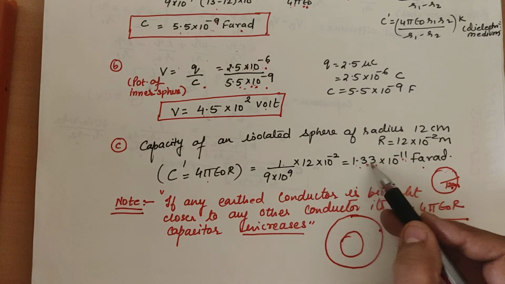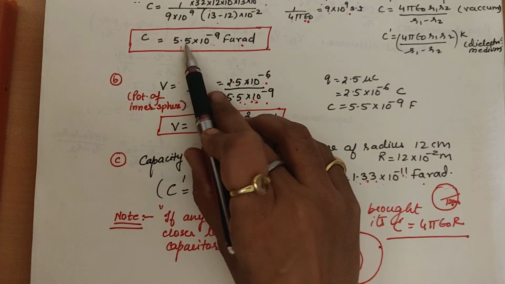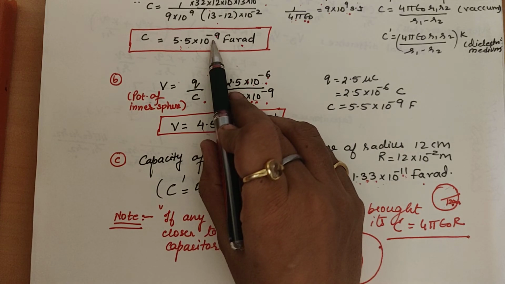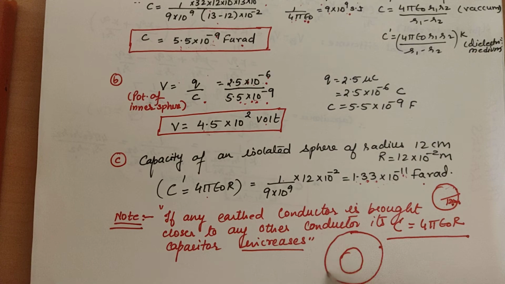That means from 1.33 into 10 raised to minus 11, its capacity is increased to 5.5 into 10 raised to minus 9. This we have done in the principle of the parallel plate capacitor also, that when you bring an uncharged conductor near to it, we can increase the capacity of this isolated sphere of radius 12 centimeter. I hope you understand.